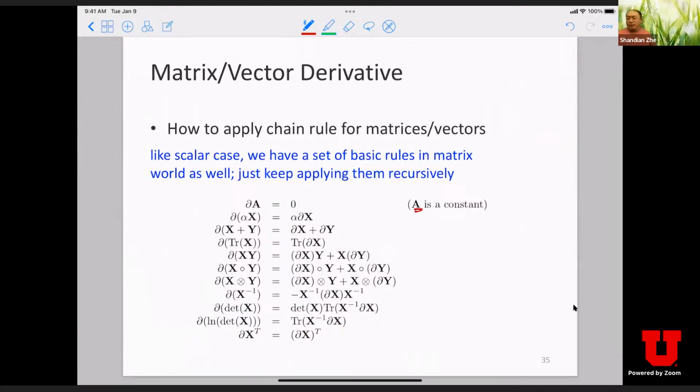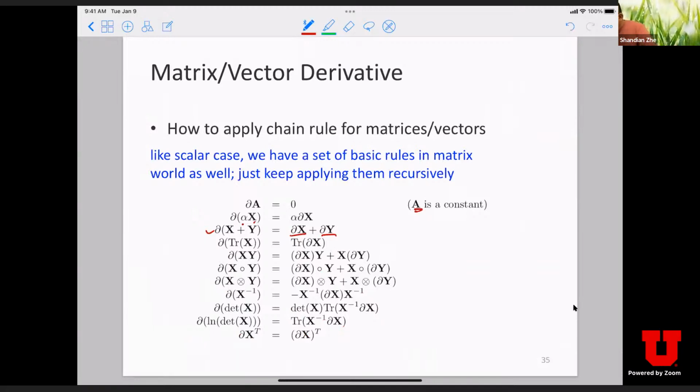And if you have a scalar constant alpha times your matrix variable x, then the derivative of alpha times x equals alpha times the derivative of x, so you can move the constant alpha outside. If you want to calculate the derivative of the summation of two vectors or two matrices, it is equal to calculating the derivative of each matrix or vector and then adding them together.